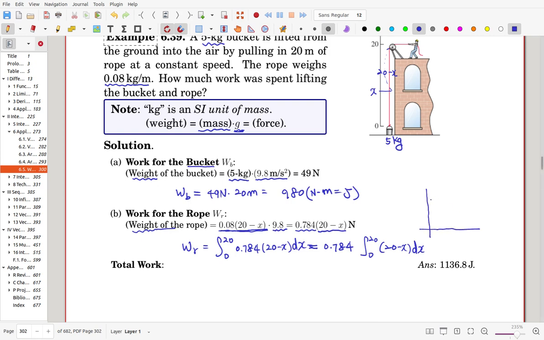Here, that is now 20 minus x is this straight line, 0 to 20. So the area of this one is the same as 200, right? 400 times divided by 2, which is 200. So that is same as 0.784 times 200.